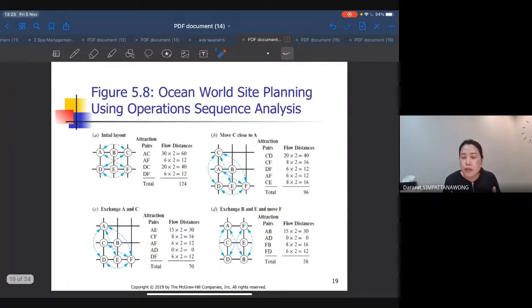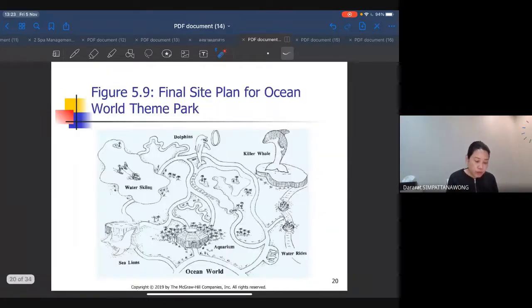To finalize this chapter, some of you may be confused or maybe ask why I have to study this calculation part. The idea is, I show you the diagram of the theme park.